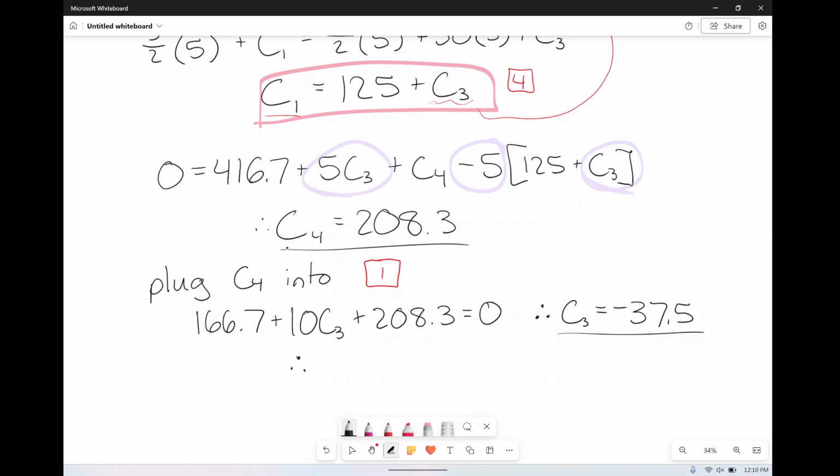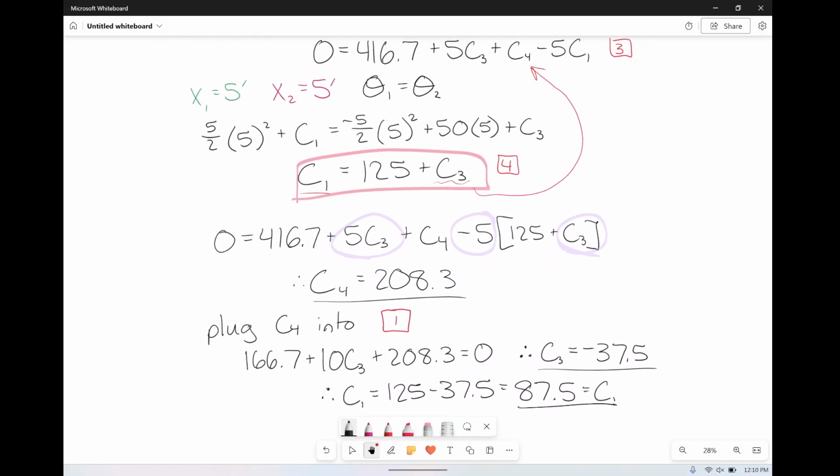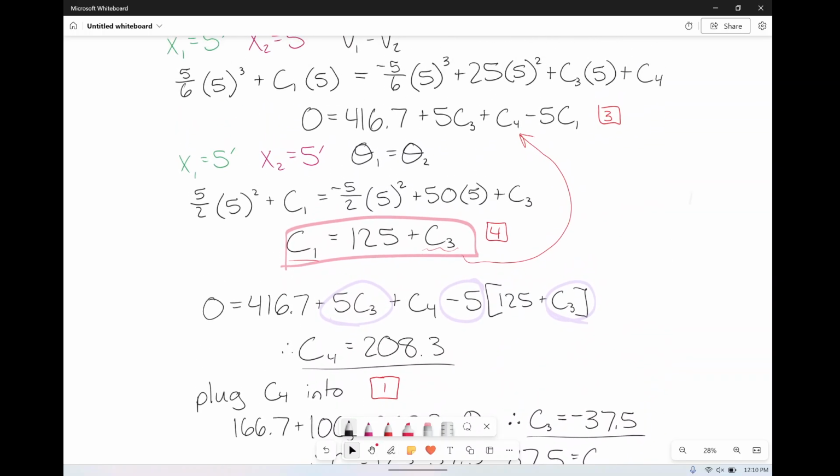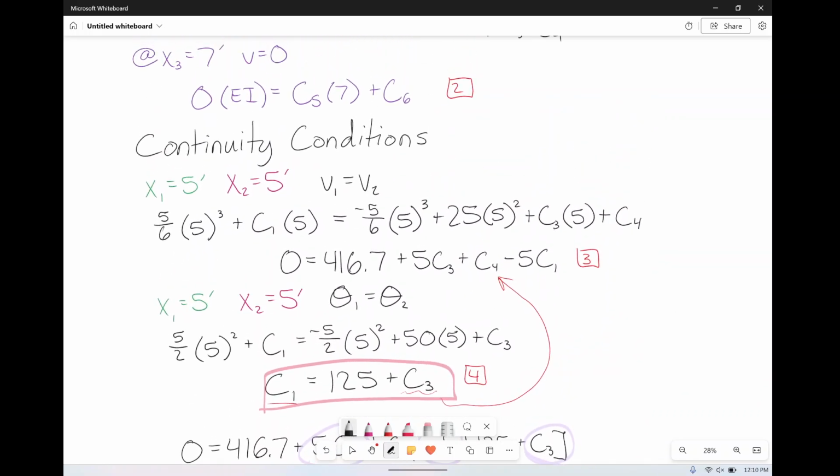So my C1 value is 125 minus 37.5, which gives 87.5 for C1. So, okay, cool. I got 1, 2 is already 0, I got 3, and I got 4. I don't have 5 and 6, though, and I do have an equation for that.